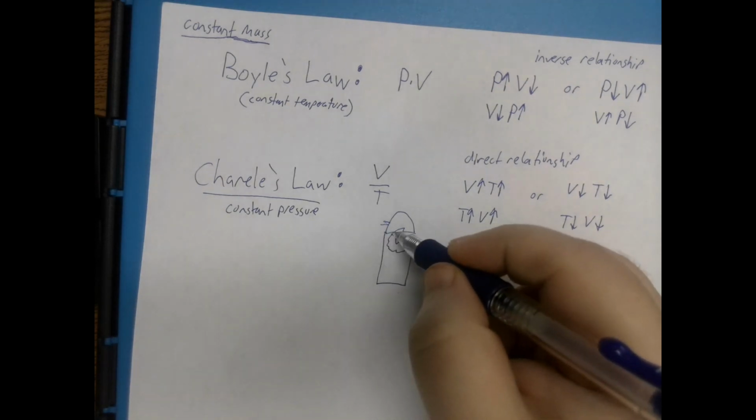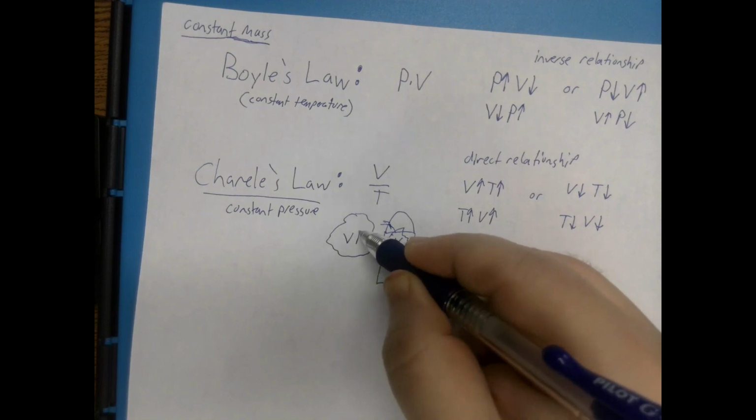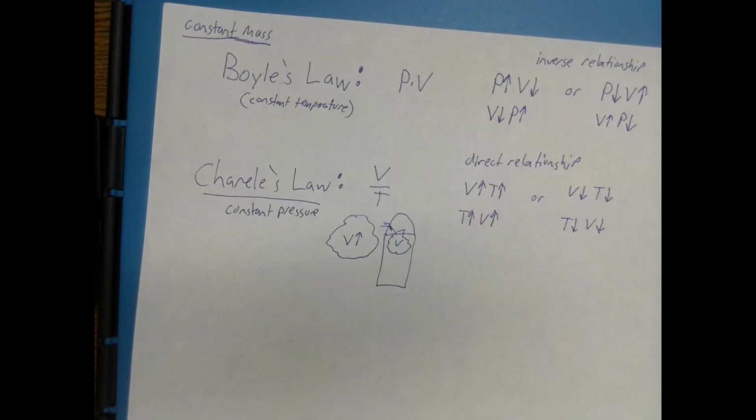As it comes out of the can, it increases to a bigger volume, so volume goes up. Now, again, that's decreasing mass. I'm trying to rush because I only have a minute. That's an example of pressure.